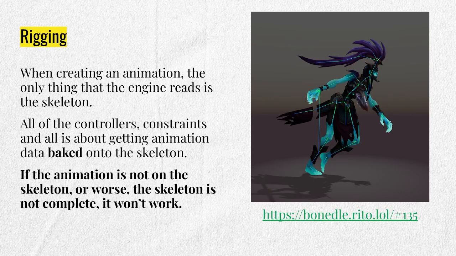And that can lead to some interesting stuff with how everything's set up. There is this link here to something called Bondle, which is the League of Legends Wordle, where they give you a skeleton of a character and an animation, and they have you guess which character it is. This one is Kalista. I don't really know or care if all of you play League of Legends, but it is good to look at this because you can see here that they have a skeleton on this little part of her skirt that's flowing.